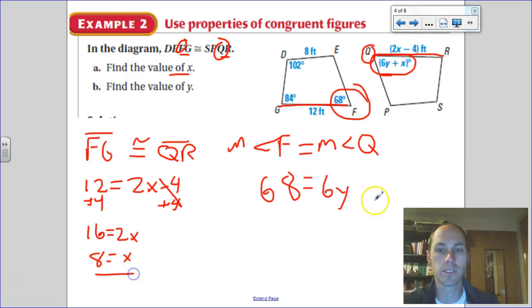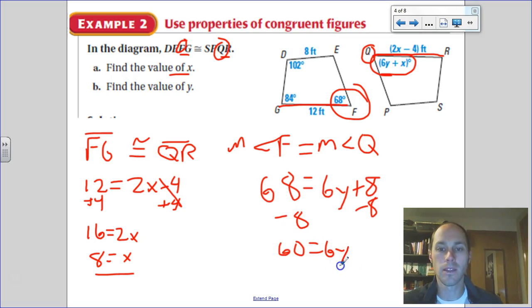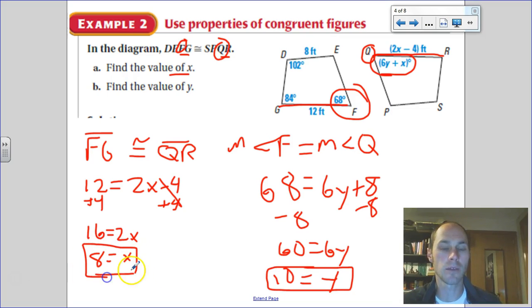We already found x was 8. That gives us that equation. So I subtract 8 from both sides. I get 60 equals 6y. And therefore y is 10. Okay, so we can solve algebraic equations if we can match up what we know for the congruent figures.